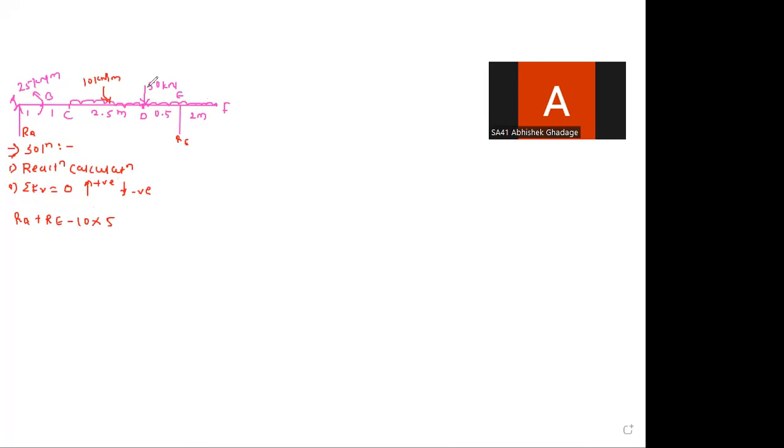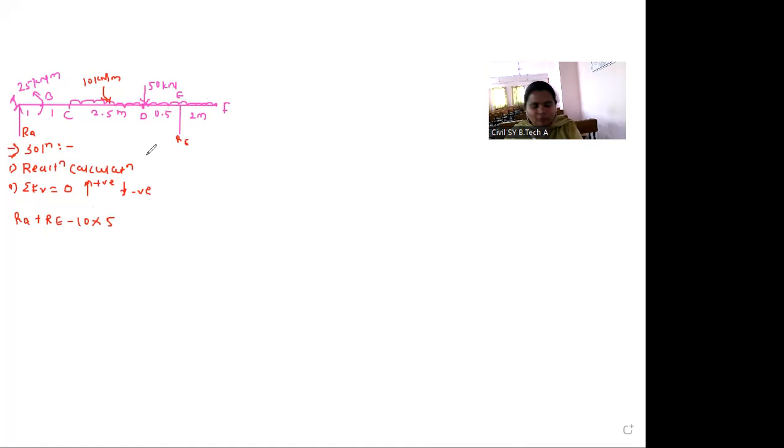After that, this 50 kilonewton force is there, and again it goes downward, so minus 50, which is equal to 0. Now we shift minus 10 into 5 and minus 50 to the right side. So RA plus RE is equal to 100. This is our equation 1.